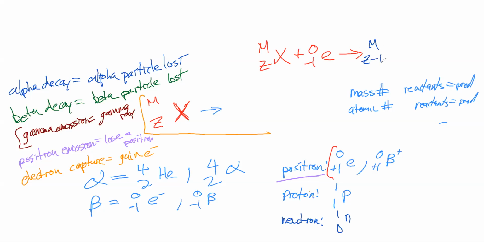And so we're basically going to take that Z and we're going to subtract 1 from it. Right? Because if we add up this side, Z plus or minus 1, then we're going to get the same atomic number on our products as we get from our reactants.